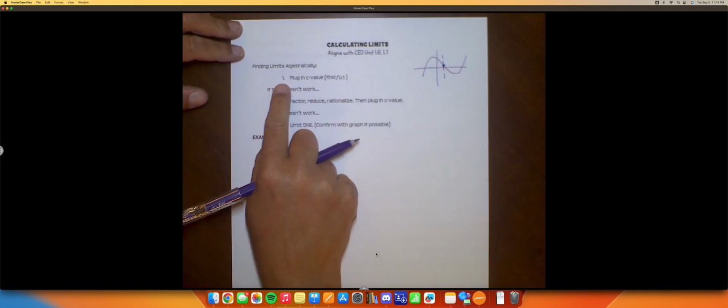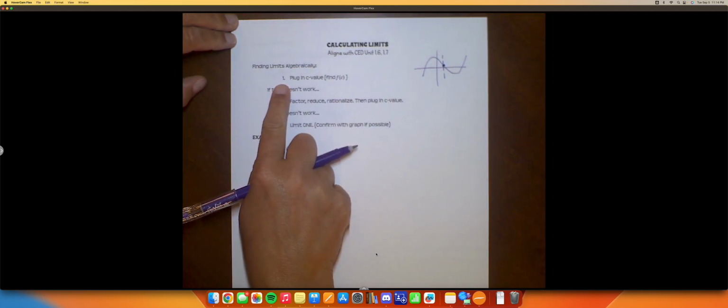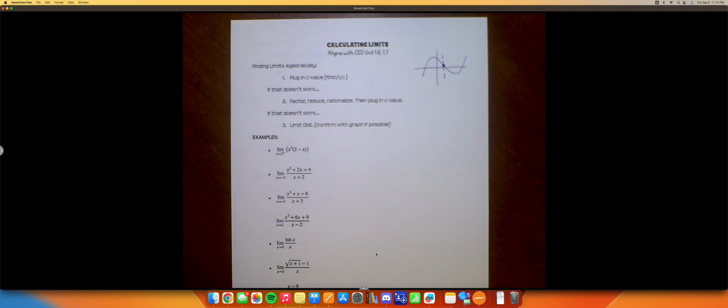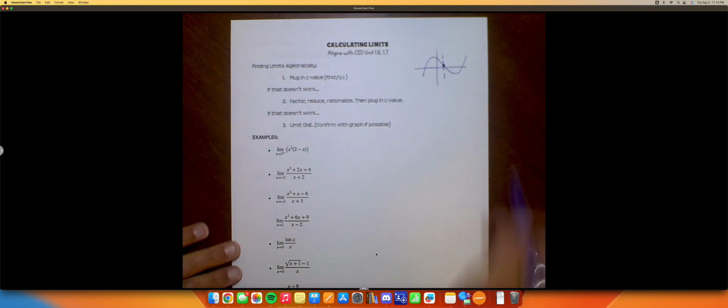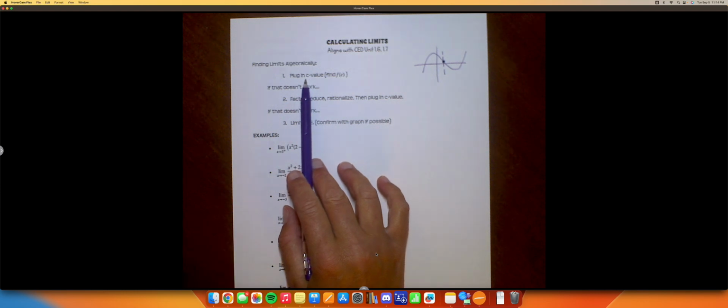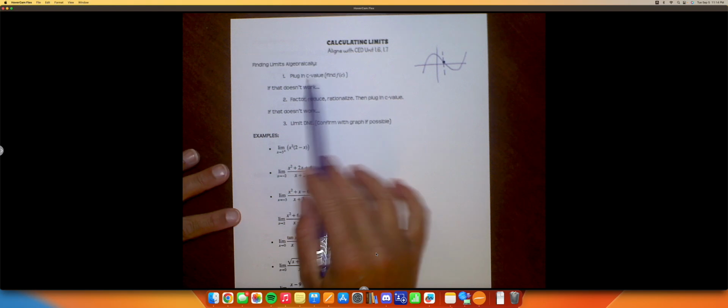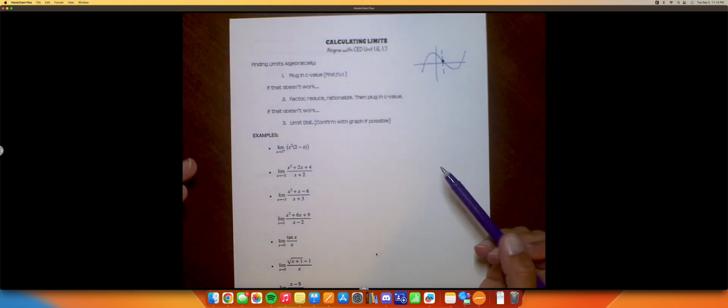So that's what this first option is talking about, is that when things work nicely, when things work the way they're supposed to, I should be able to just take the value that I'm trying to find the limit for, like as x is approaching whatever number, and plug that into the function and get my answer.